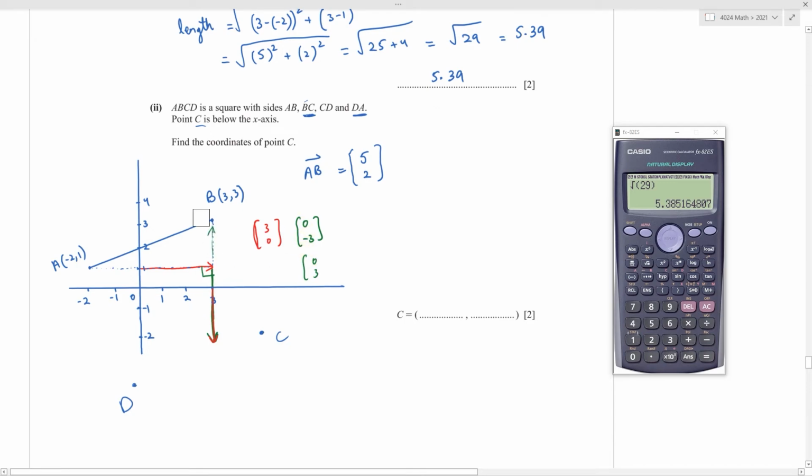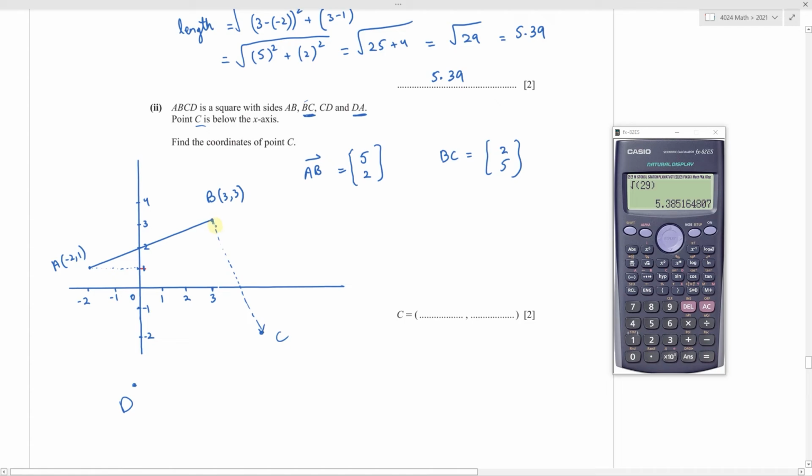So we will do something similar here for BC to find vector BC. So let me just get rid of this. AB is 5, 2. That means BC, I will swap the two positions, 2 and 5. So your BC is something like this, right?